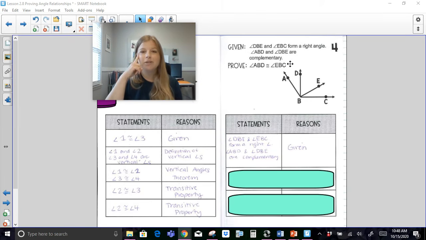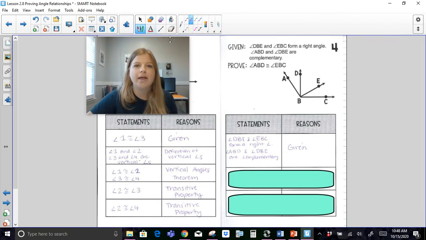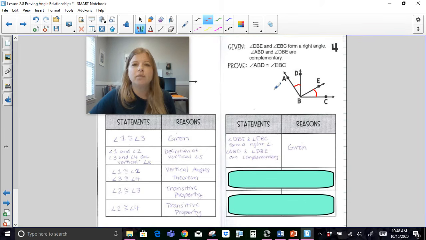So now if I'm already told they're complementary, I'm going to be able to say that their measure is equal to 90. We need to prove that angle ABD, so this angle here, is congruent to angle EBC. And actually, we probably don't even need to deal with 90 because we're just talking about angles being congruent to each other. So let's take a look.